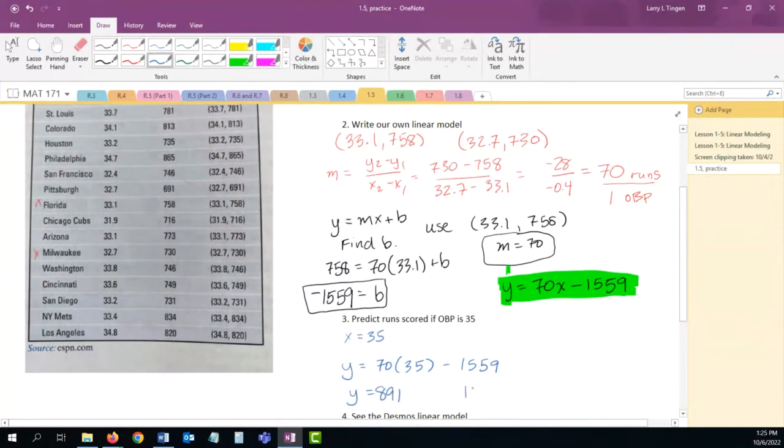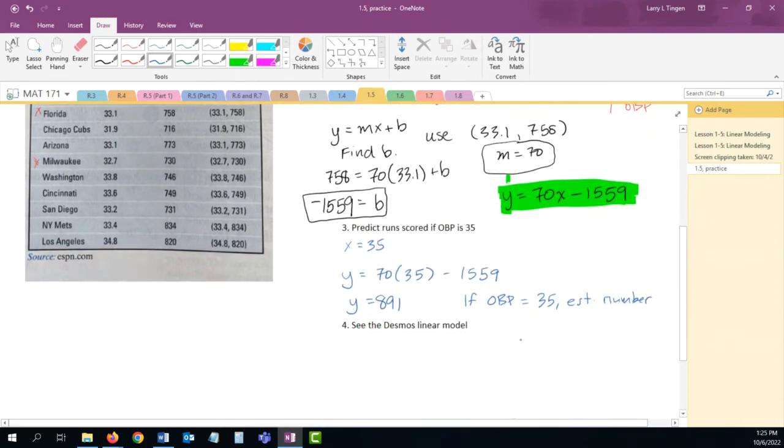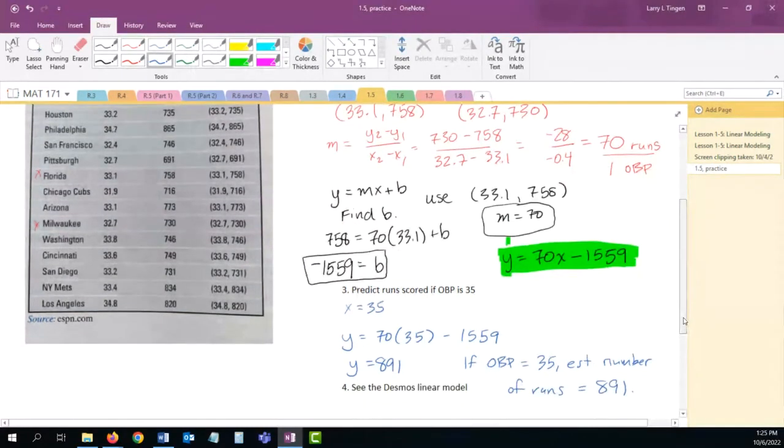So this means if the on-base percentage is 35, the estimated number of runs is 891.